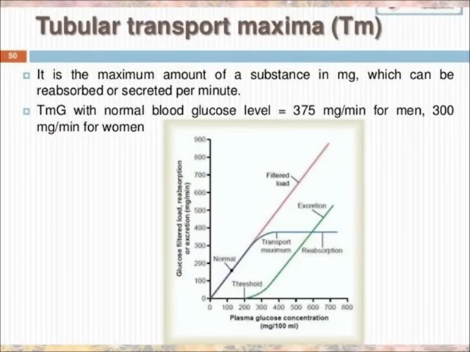Tubular transport maxima is the maximum amount of substance in milligrams which can be reabsorbed or secreted per minute. Tubular transport maxima of glucose with normal blood glucose level equals 375 mg per minute for men, and for women is 300 mg per minute.